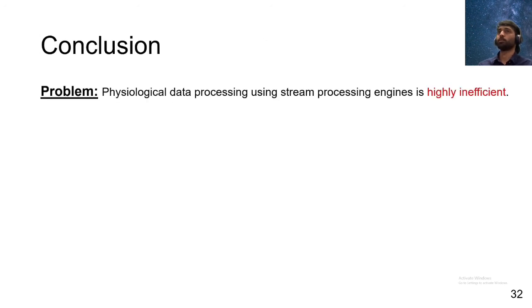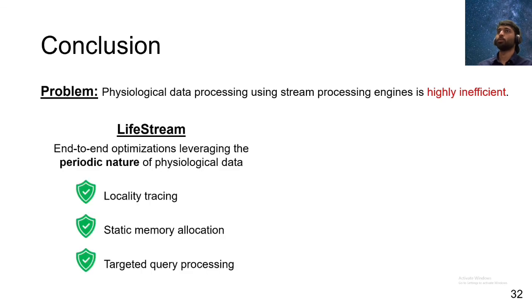To conclude, physiological data processing using traditional stream processing engines is extremely hardware inefficient. To address this problem, we propose LifeStream, a stream processing engine which employs end-to-end optimizations like locality tracing, static memory allocation, and targeted query processing, which take advantage of the periodic nature of the physiological data.